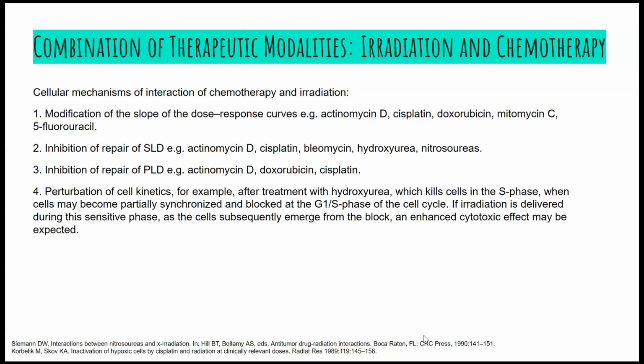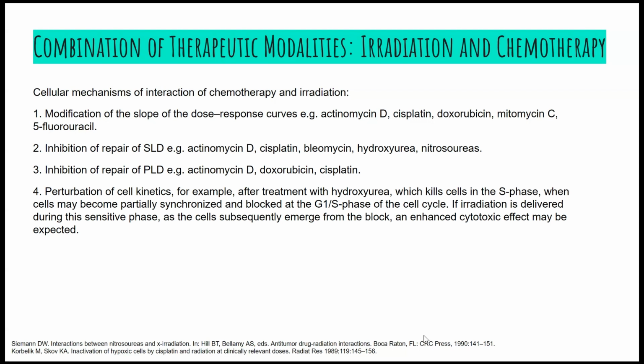Then there is a change in the cellular kinetics. For example, we have hydroxyurea. When we give hydroxyurea, it kills the cells in the S phase. So now you can see in a tumor, some cells are in G1, some are in S, some are in mitotic phase. Everybody is at different places.